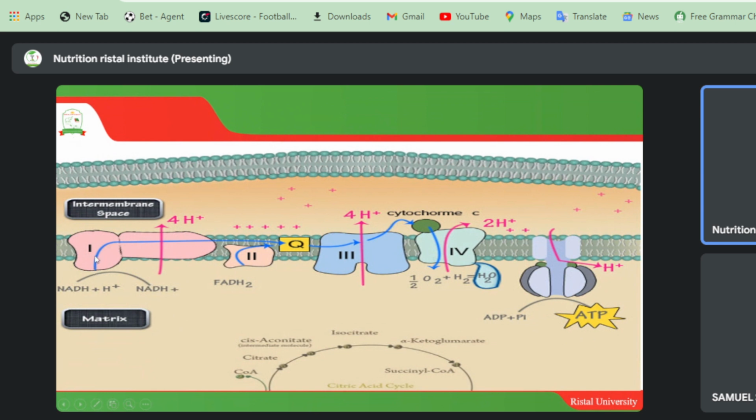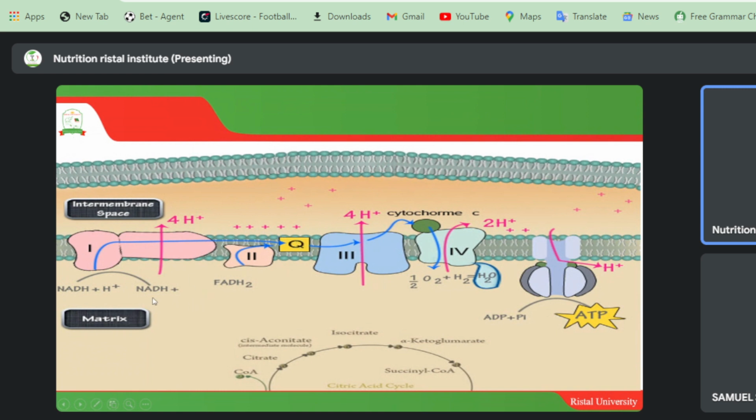And the electrons are transported along this complex 1. That is what you're seeing in the blue arrow, representing the electrons being carried. Electrons have been brought to this complex by NADH. So NADH here releases a proton and the electrons on it. The electrons will be shuttled along this complex and passed into cytochrome Q.